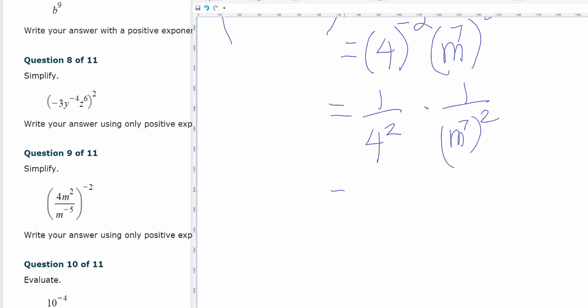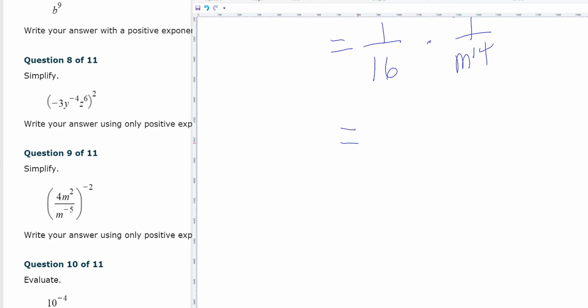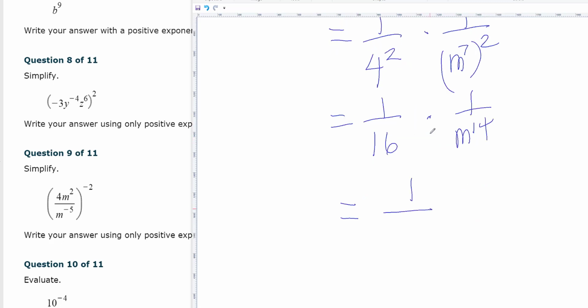So that's 1 over 16 times 1 over m to the 14, because when you raise a power to a power, you multiply. So my final answer is 1 over 16 m to the 14th.